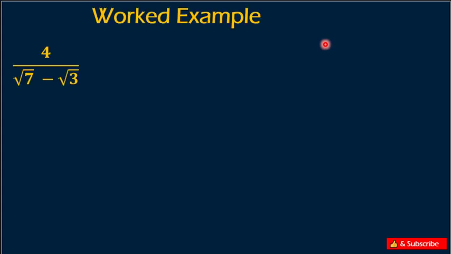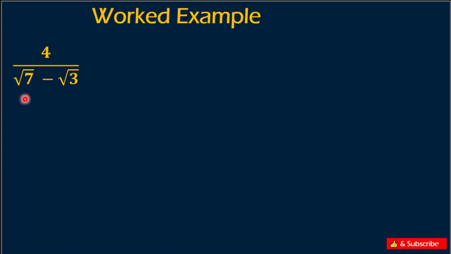How would you rationalize this expression, 4 over root 7 minus root 3? Mind you, now we find that there's a binomial term. If it were a monomial term, let's say 4 over root 7, then we just go ahead and multiply through by root 7.